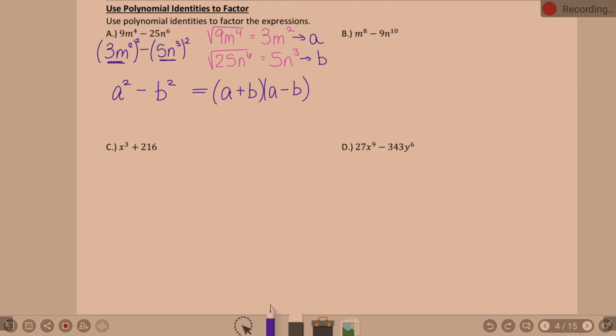Fill it in. What was a? 3m squared. 3m squared plus, what's b? 5m cubed. Times, now it's a minus b. So a being 3m squared minus 5m cubed.